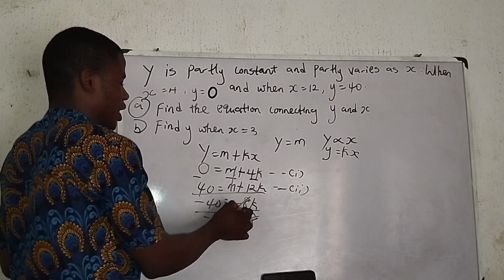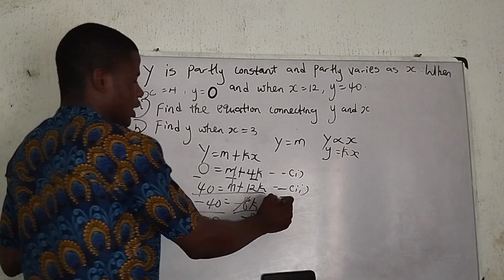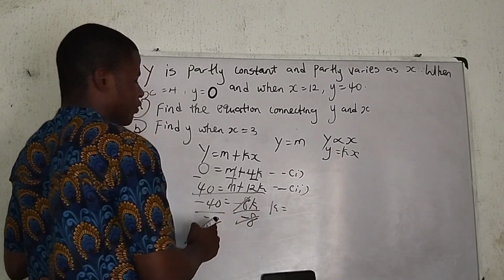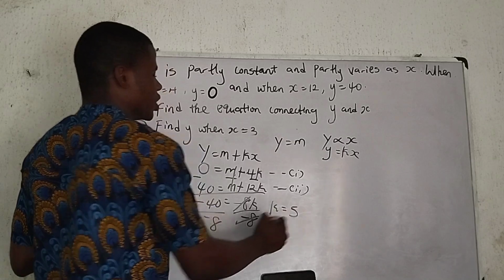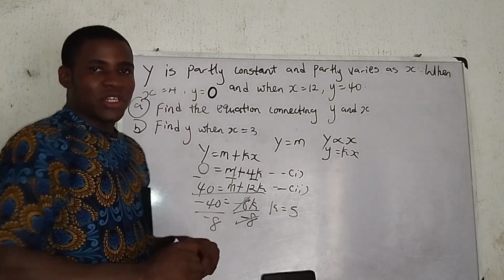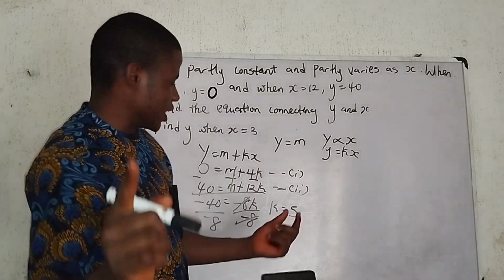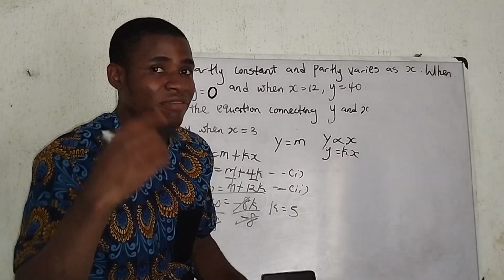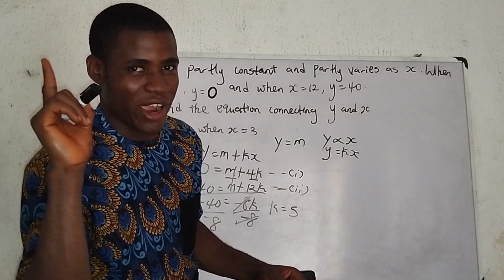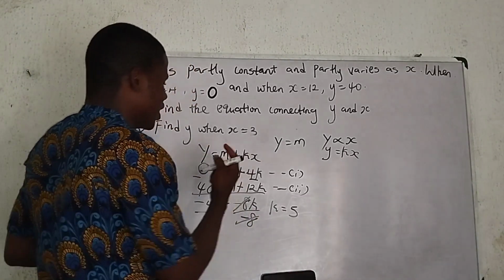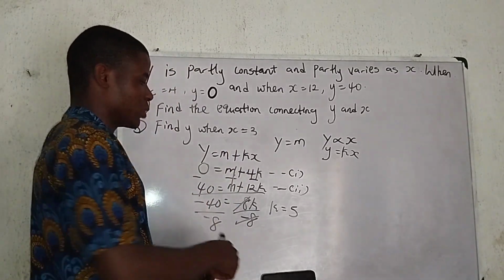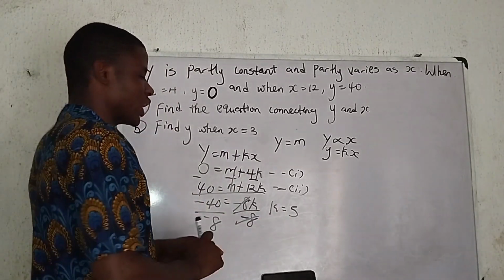Minus 8. Cancel, cancel. So I've gotten that k is equals minus 40 divided by minus 8 will give me positive 5. So I've gotten the value of one of the constants, which is k.